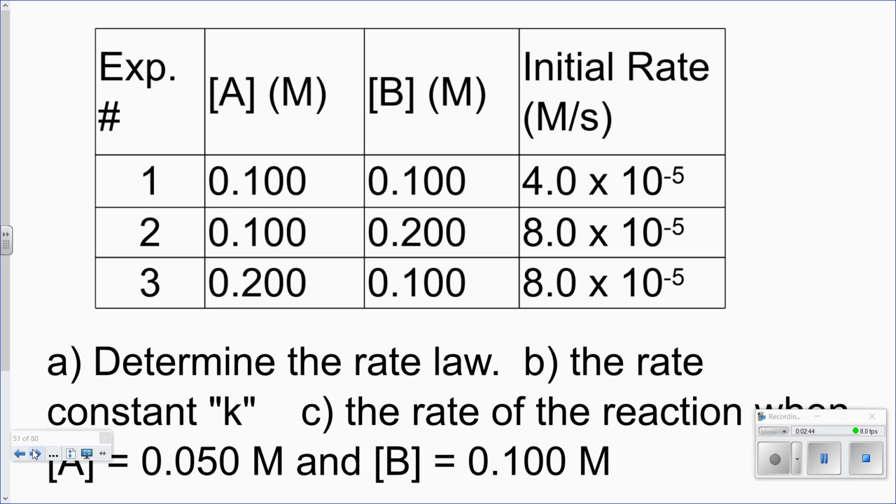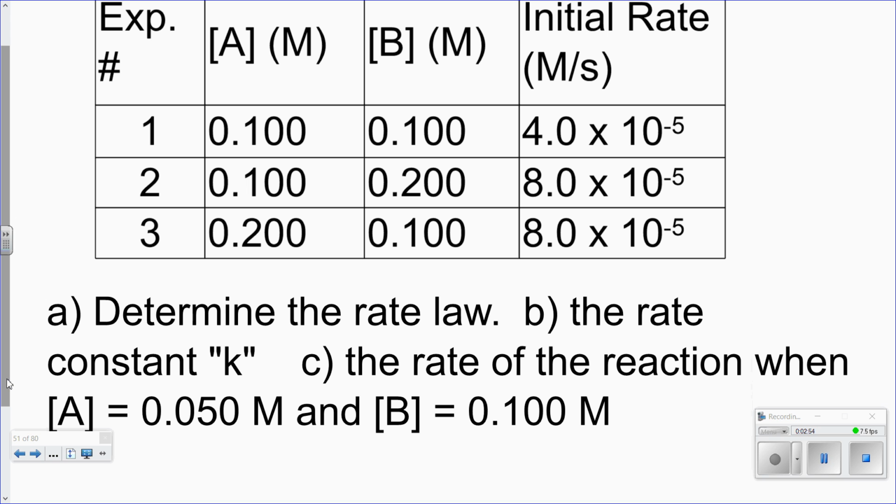You'll notice that there are three experiments, experiment 1, 2, and 3. I'm sorry, one reaction with experiments 1, 2, and 3. These experiments are going to help us set up what is called our rate law. The orders can never be determined through stoichiometry. You must look at data in the form of experiments in order to do this.